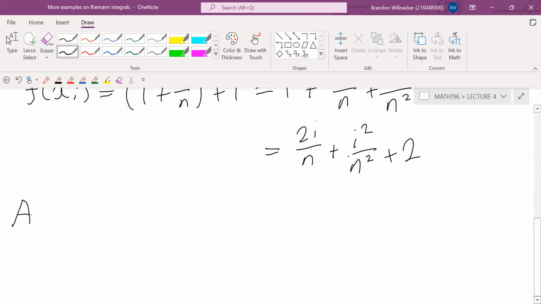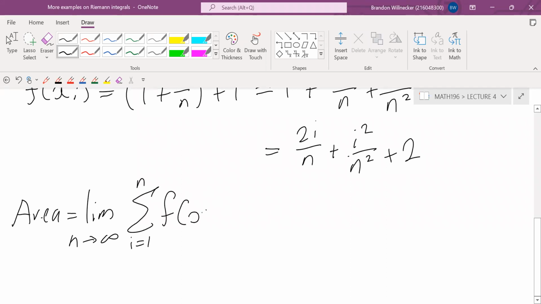So the area is equal to the limit as n goes to infinity, the sum from i equals 1 to n, f of xr delta x. Okay, that's the standard formula. You use that every time. Okay, so let's substitute what we know.